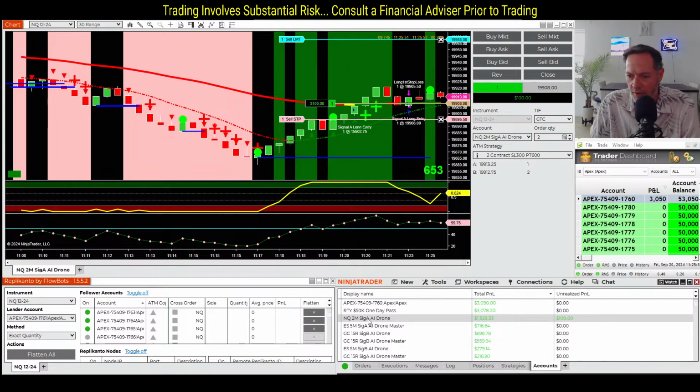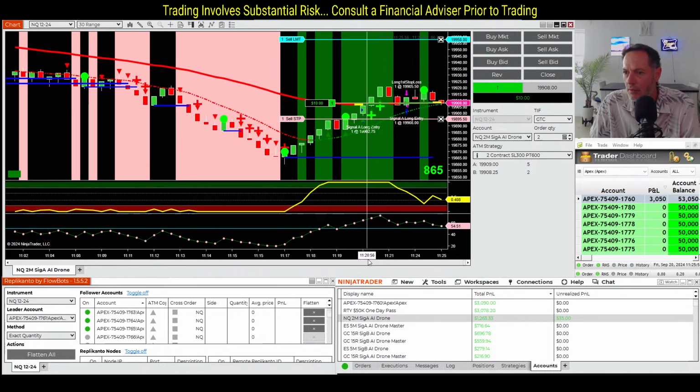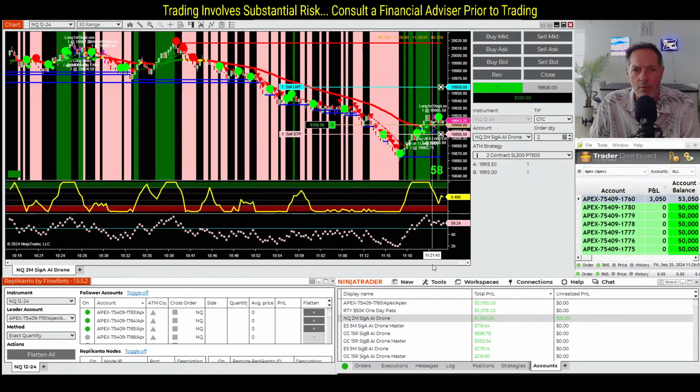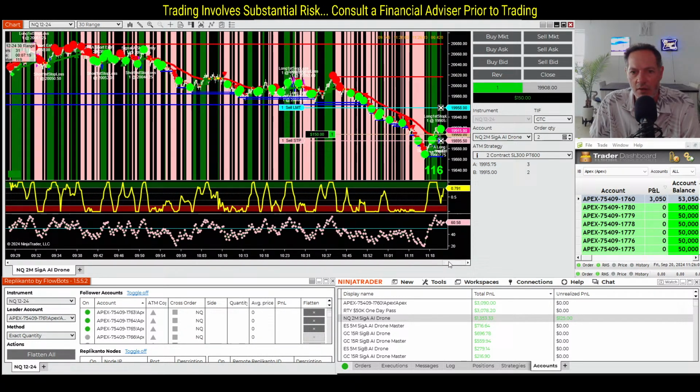Again, it trades 24 hours a day right now, so it's taking some trades all night long. You can kind of see the markers on my chart. Wherever this text is, those were trades that it took throughout the day and all night.